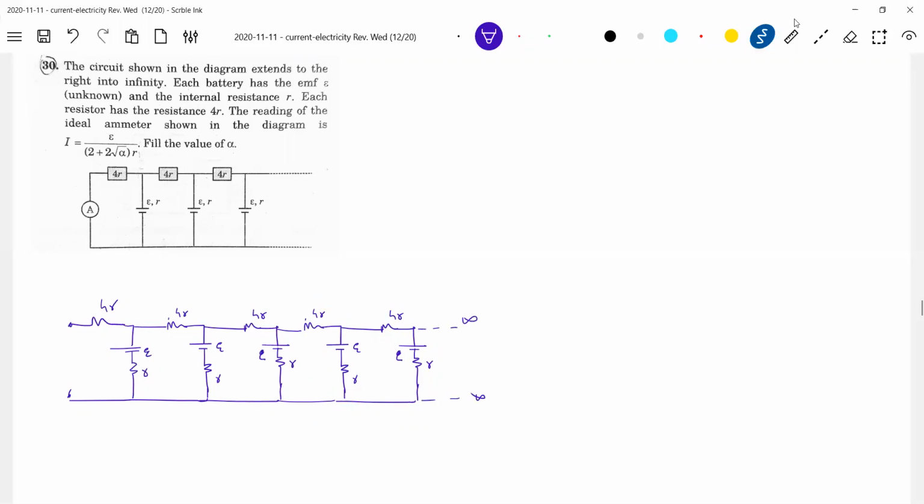Now, what we have to do is replace this part of the circuit. I'm going to come with all colors. Just make an observation. Everything that's happened here, I'm going to replace with an equivalent cell.